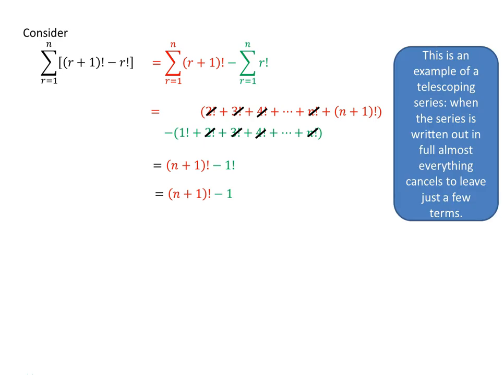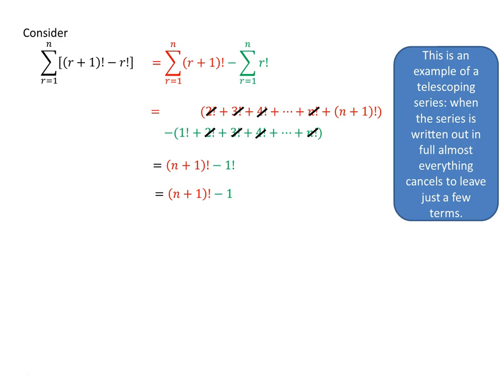Now this is an example of what I call, at any rate, a telescoping series. When the series is written out in full, almost everything cancels out just to leave a few terms. It's well worth trying to line things up so that the similar terms lie one above the other.